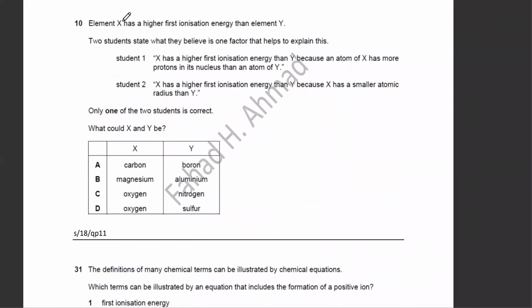Element X has a higher first ionization energy than element Y. So the first ionization energy of X is greater than that of Y, so it's more difficult to remove electrons from X compared to Y. He says that two students state what they believe is one factor that helps to explain this.